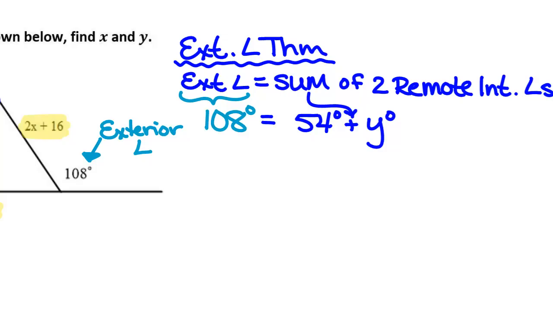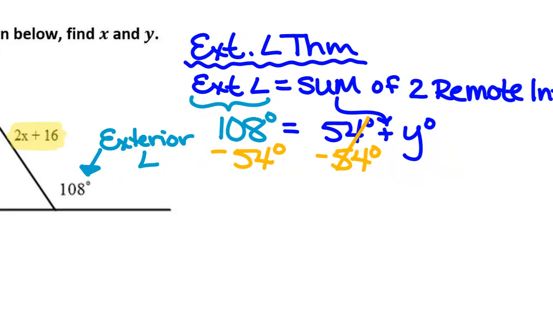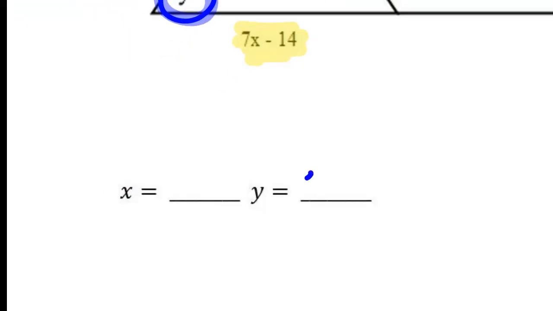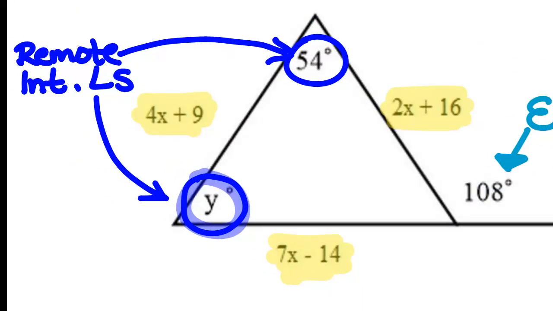So to figure out how big y is, I'm going to subtract 54 from both sides. What is 108 minus 54? 54. So there's one of the answers they asked me to find. And that's super informative. It is.